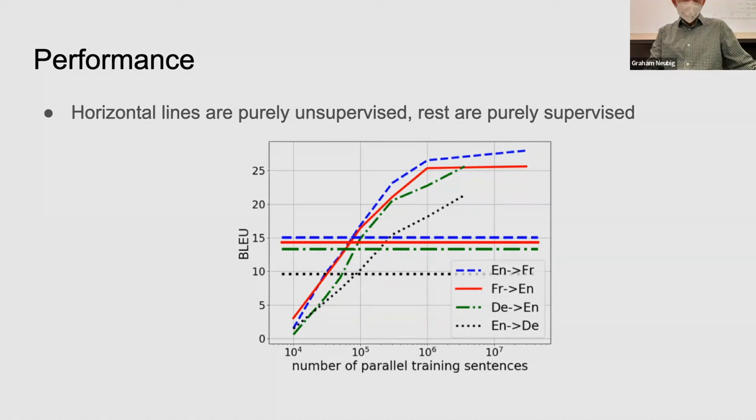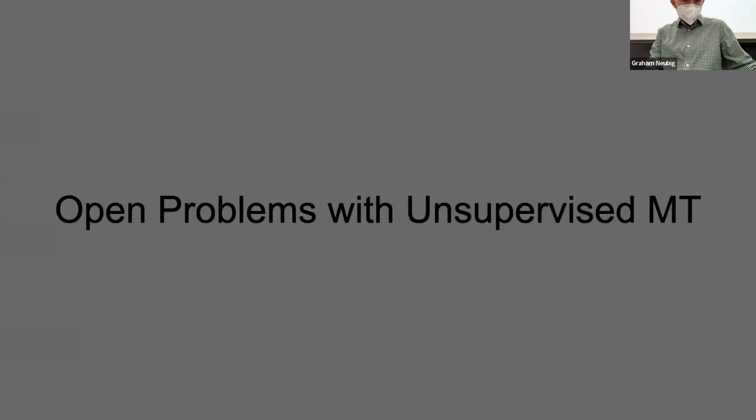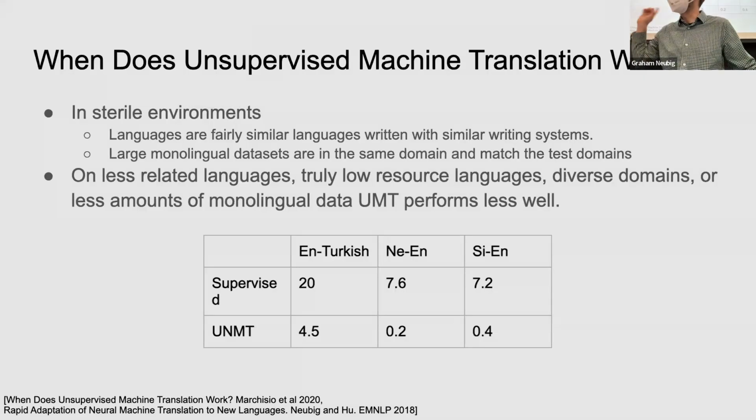Yeah, so basically I'll go to the open problems in unsupervised MT. This is exactly the problem that Alan was pointing out, which is that unsupervised machine translation works in ideal situations: languages are fairly similar, written with similar writing systems, with large monolingual data sets in the same domain that match the test domain.